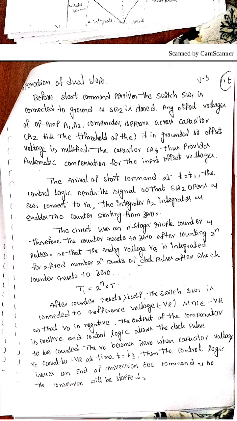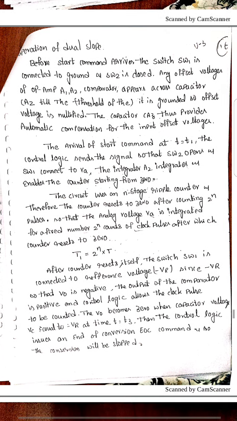On the arrival of the start command at t equal to T1, the control logic sends a signal so that switch 2 opens and switch 1 is connected to VA. The integrator A2 integrates and the counter starts from 0.